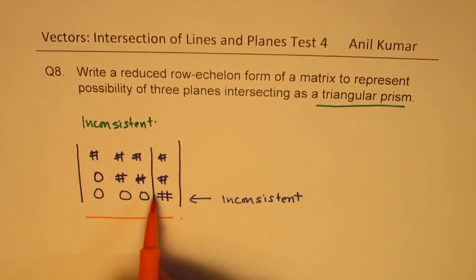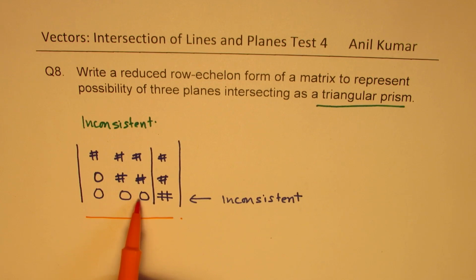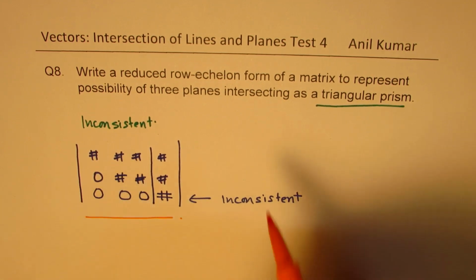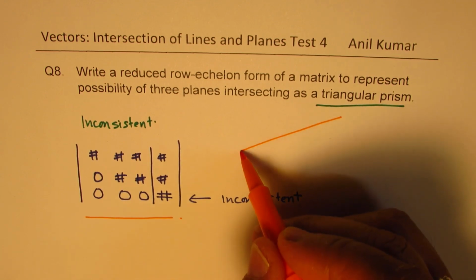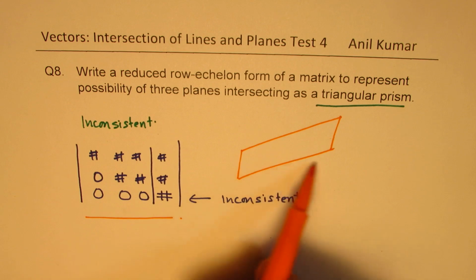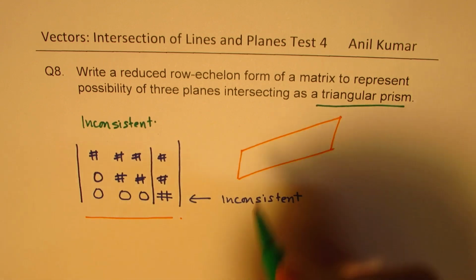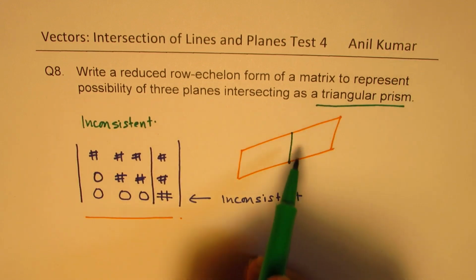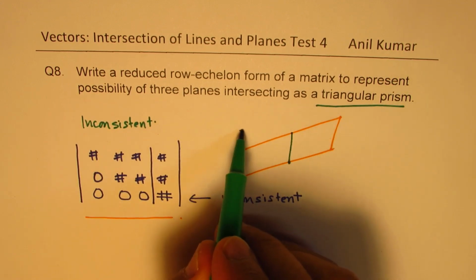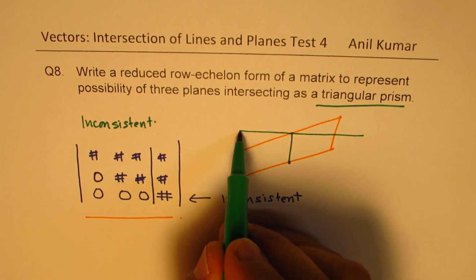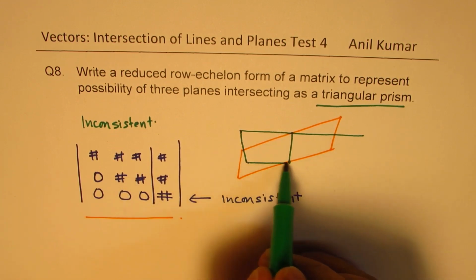So that really means that the planes individually are intersecting in lines, right? For example, we have a plane here, and let's say it intersects another plane in a line here, correct? So let's say we have a plane going like this in front, right?